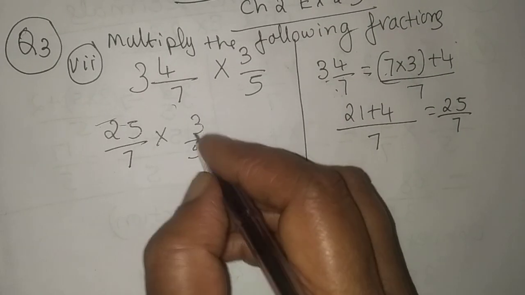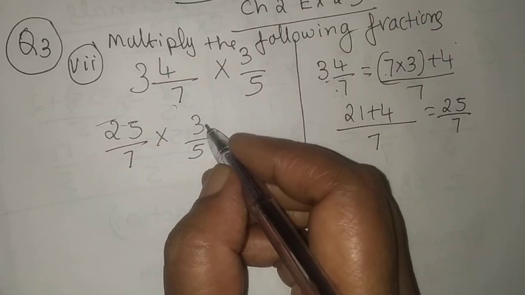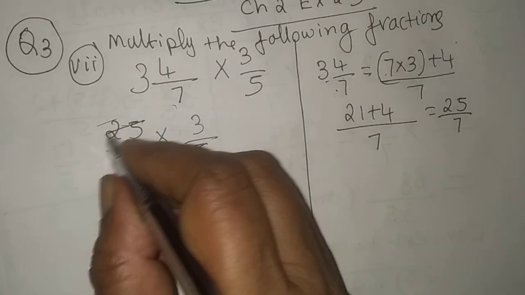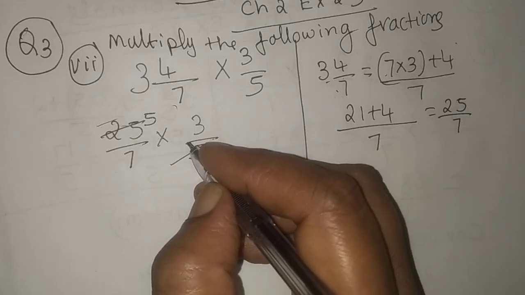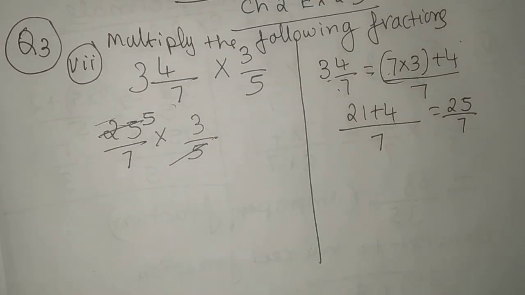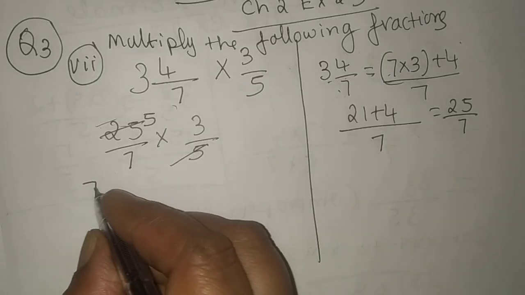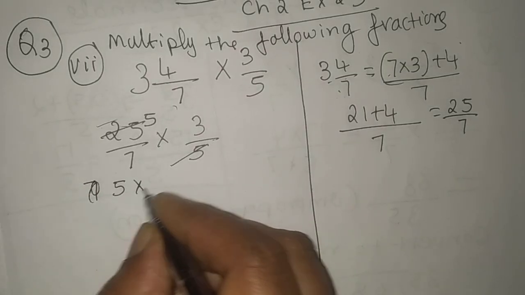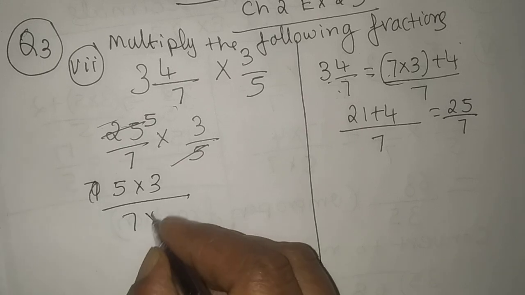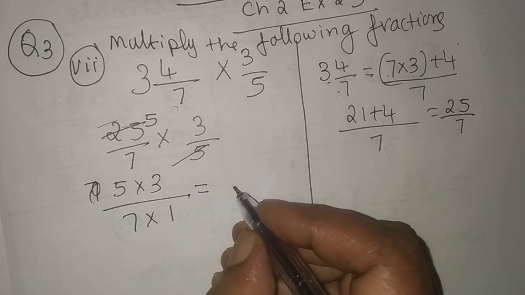So we can simplify: 5 ones are 5, 5 fives are 25. So you will get 5 into 3 by 7 into 1.